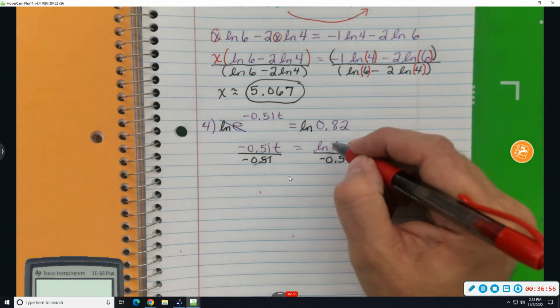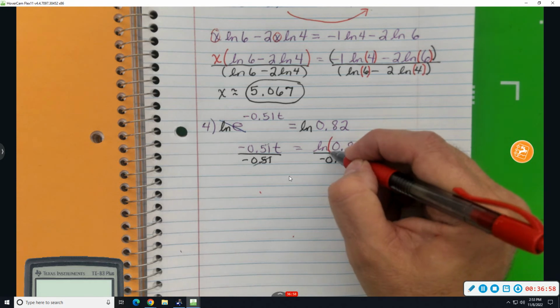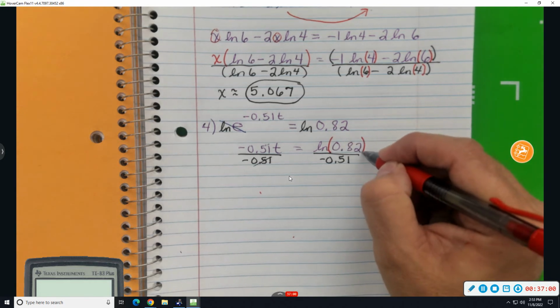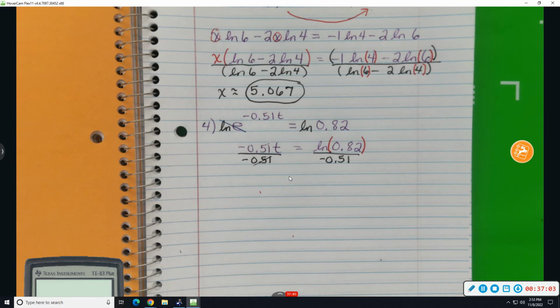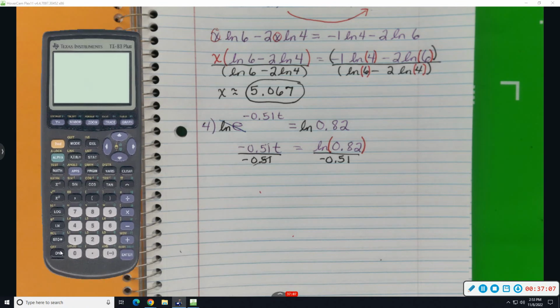When I hit ln, it opens the parentheses, so I'm going to have to close them like that. So I'll punch in ln. Let me pull this up. Clear it. ln 0.82. If you don't close this parenthesis right here, you'll get the wrong answer.